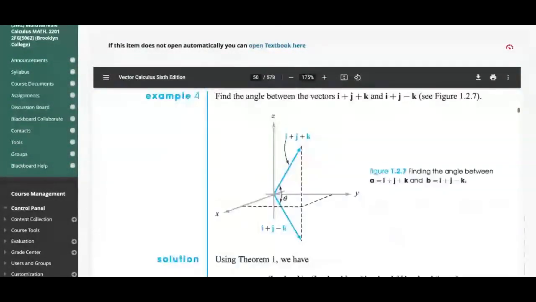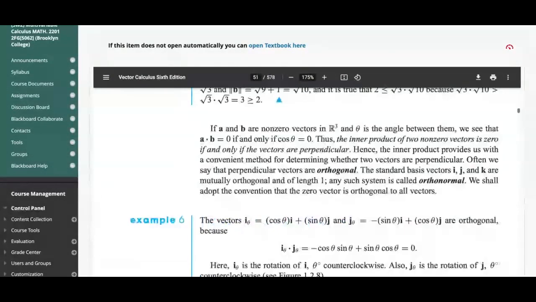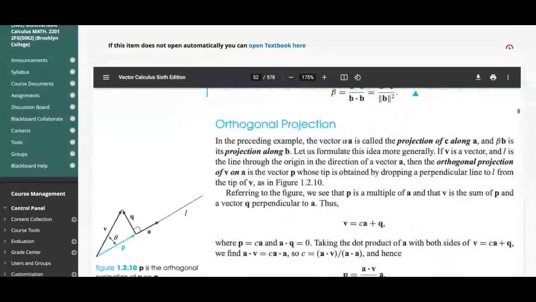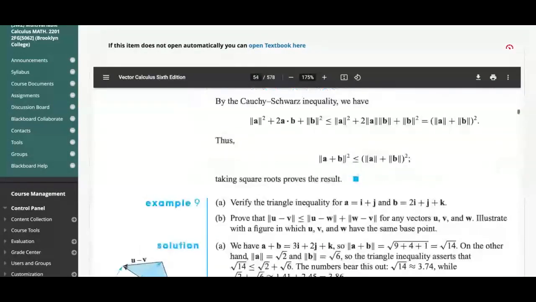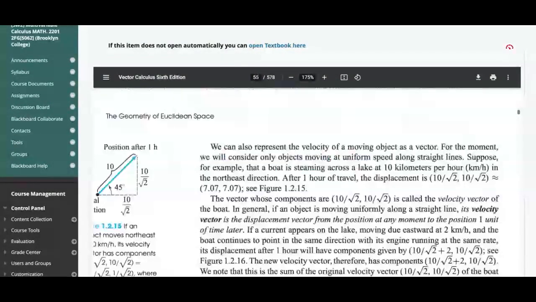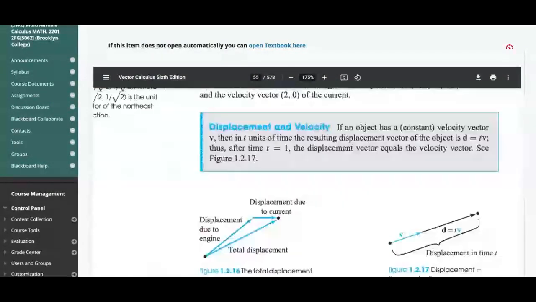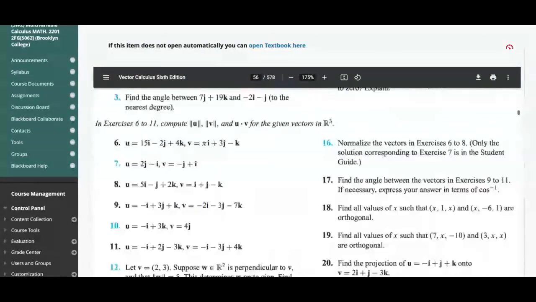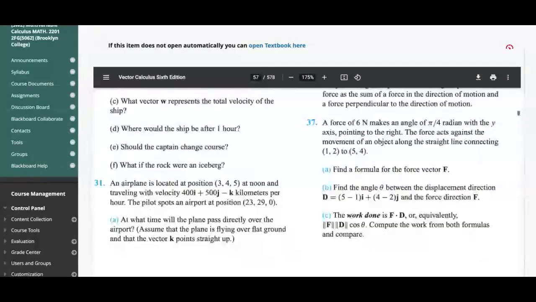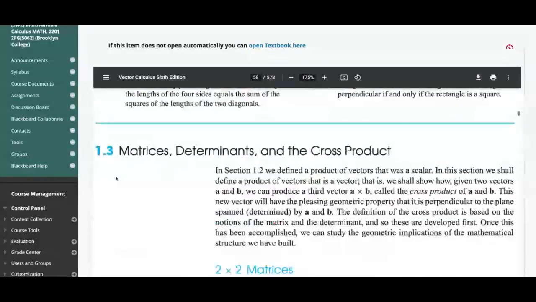I should go on. So talk a little bit about matrix and cross product. Anyone has any questions about matrix and determinant and the cross product? Okay, a matrix is basically made of vectors, right?